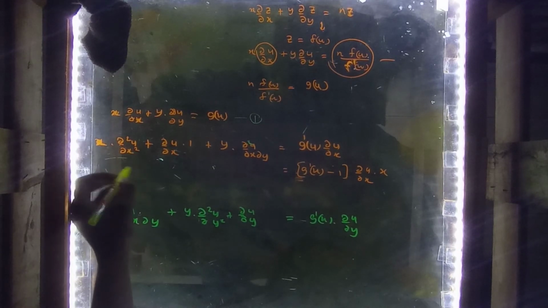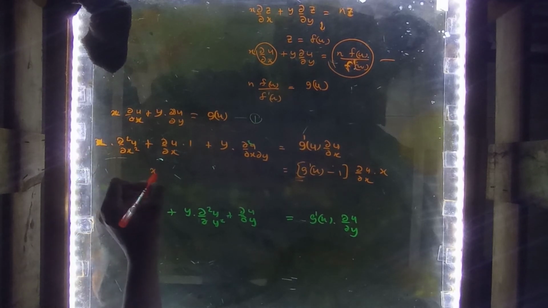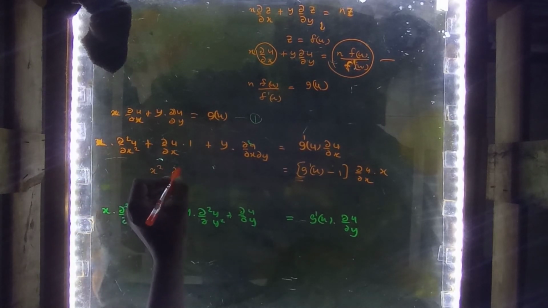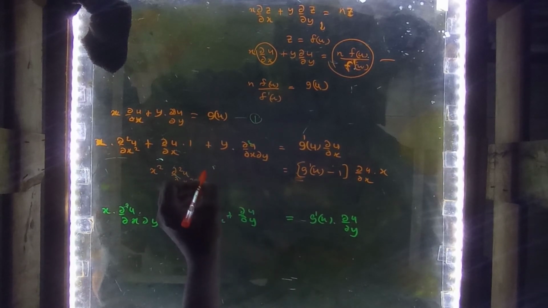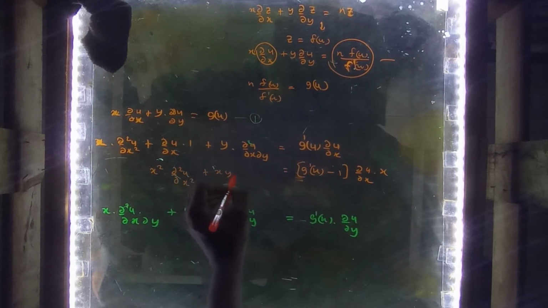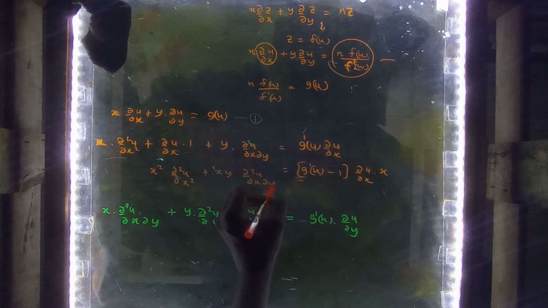So this guy becomes x squared times partial squared u with respect to x squared, plus x times y partial squared u with respect to x and y. The same should be done for the second del e also.